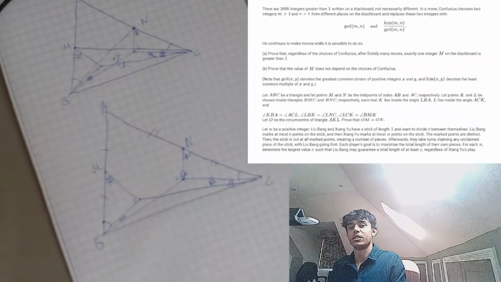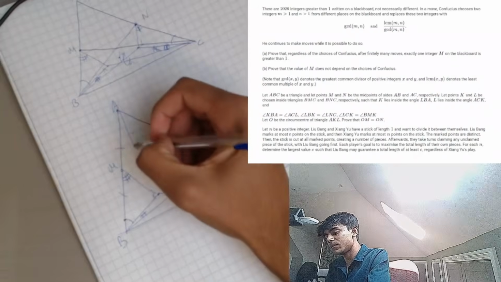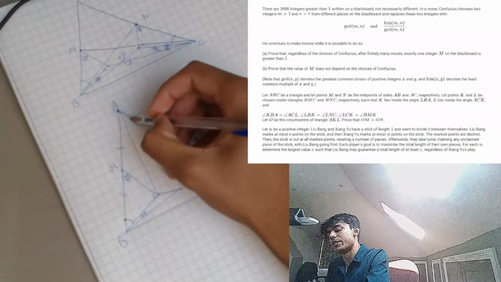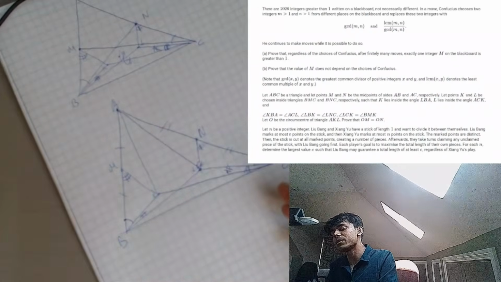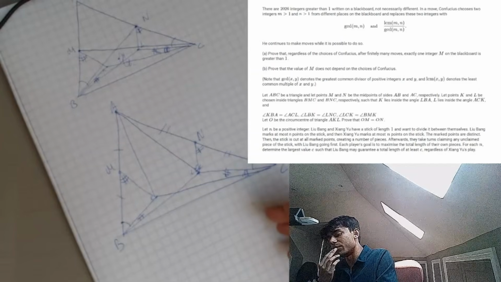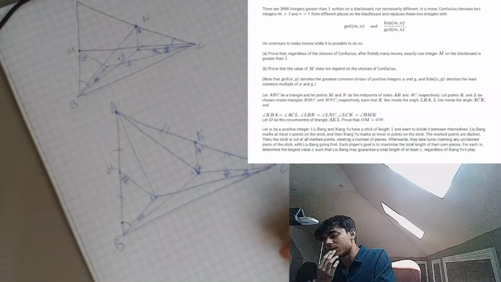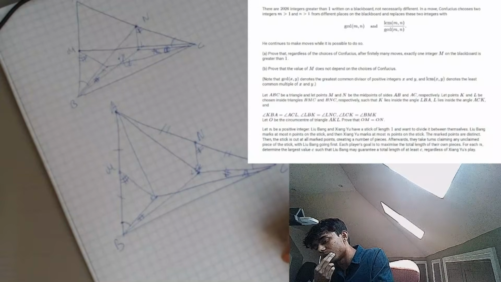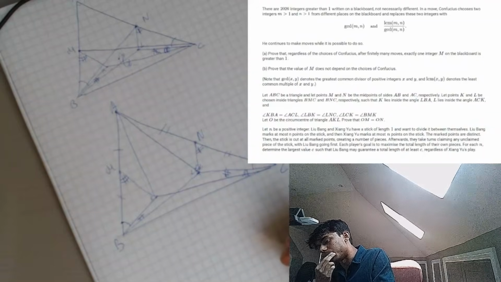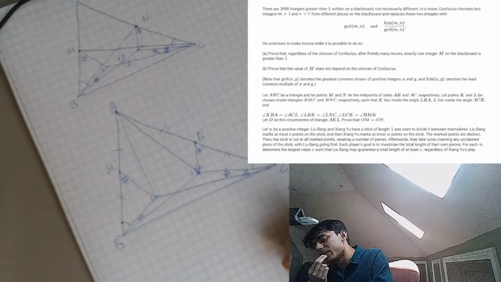Okay, so we have midpoints. When you have midpoints, really there are two things you can look at. You can look at constructing parallelograms, or you can look at some sort of homothety. Here, an enlargement with scale factor 2 from A looks kind of nice.